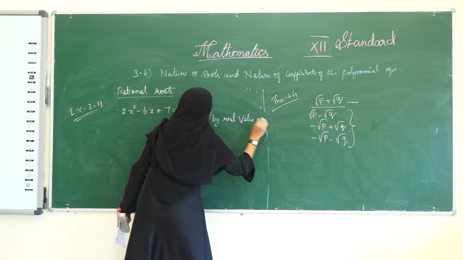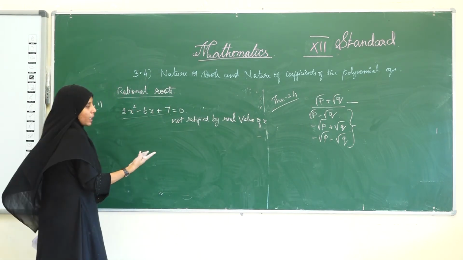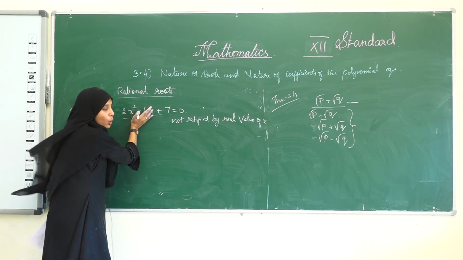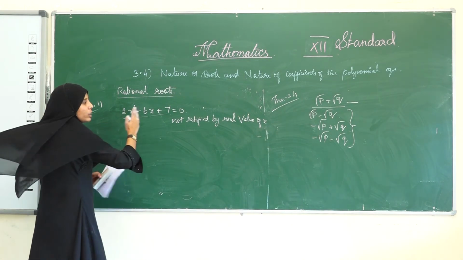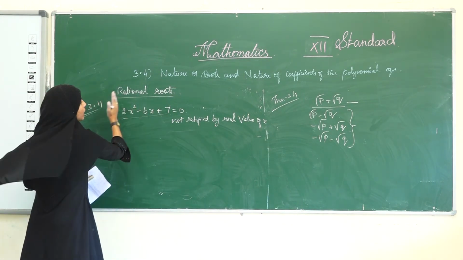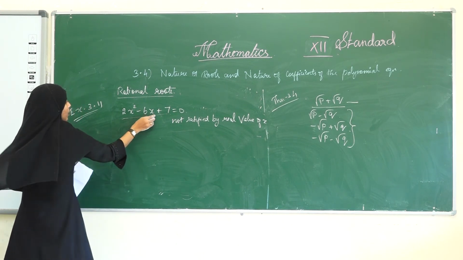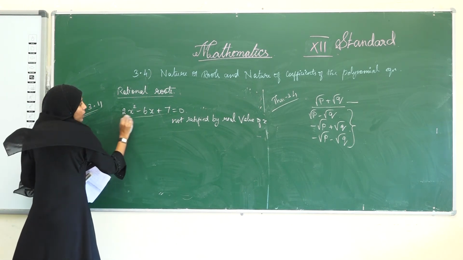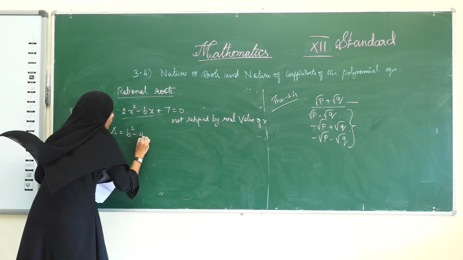What do we have to prove? This equation will not accept real values for x. That means the roots should be imaginary, literally that is the meaning. If the value of x should not be real, then the roots should be imaginary. So how can we find the nature of the roots? This is a quadratic equation, therefore we can find the discriminant, that is b square minus 4ac.